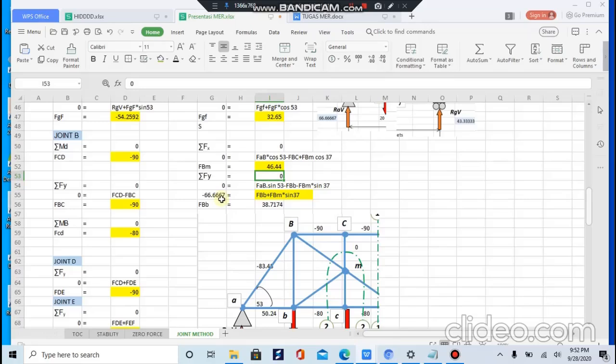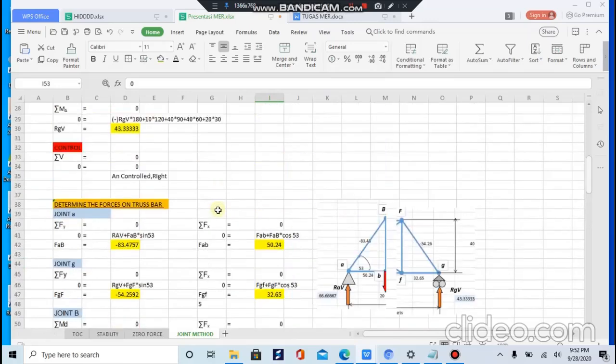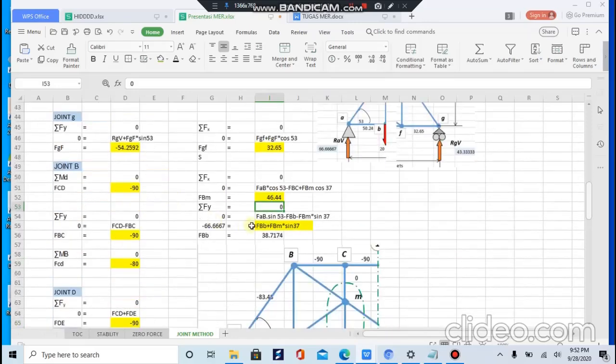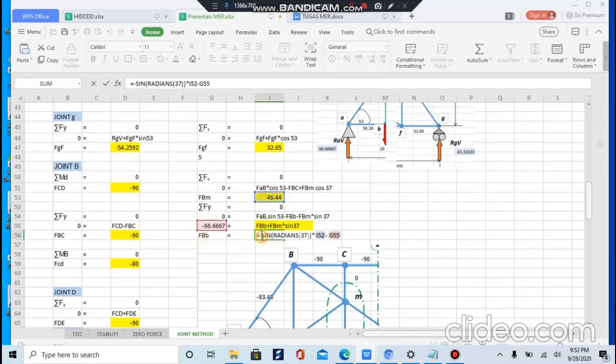So minus 66.6667, which was the RAV, is equal to FBB plus FBM times sinus 37, whereas FBM is equal to 38.7174.